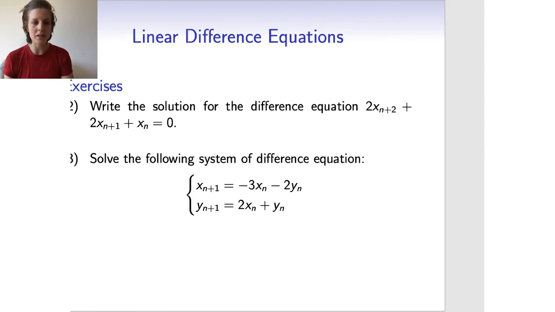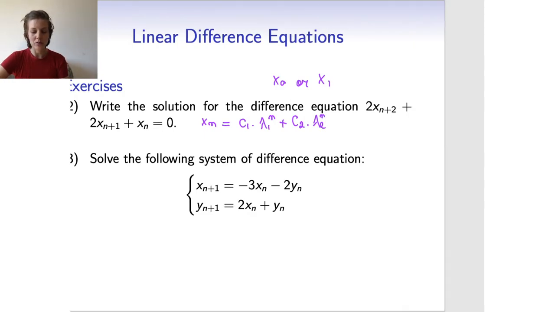Here it's the same approach as exercise 1, but it's just some general solution because we don't have x0 or x1, so it's just for you to write the solution like this: some constant c1 times lambda 1 to n plus c2 times some lambda 2 to n, in case lambda 1 and lambda 2 are different, and in case that they are equal.